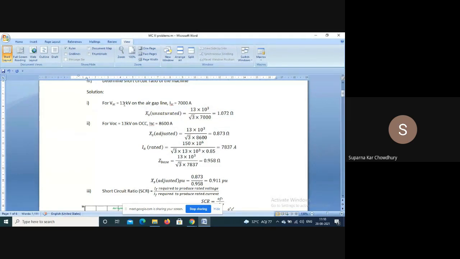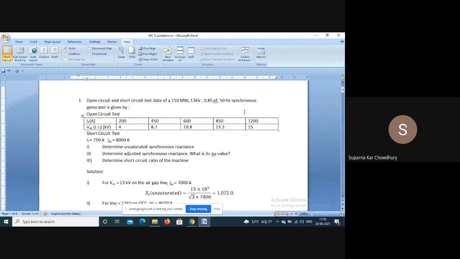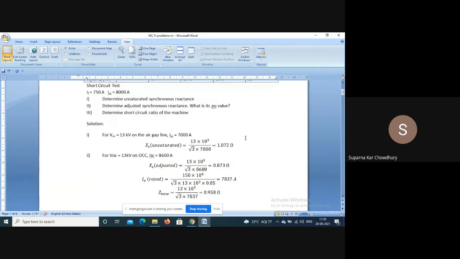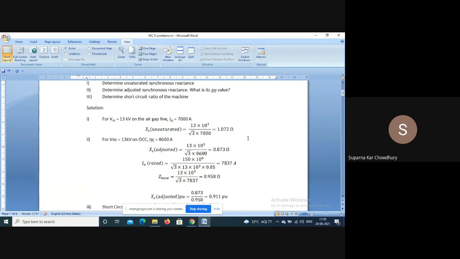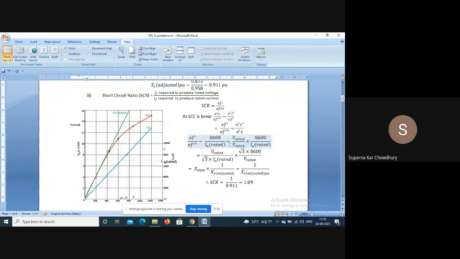Now, the rated voltage is 11 kV. As I have told, here the connection is not given, so even if not given, we should consider it as star. So we have to take the phase voltage, which is 13 kV by root 3, and the corresponding short circuit current.